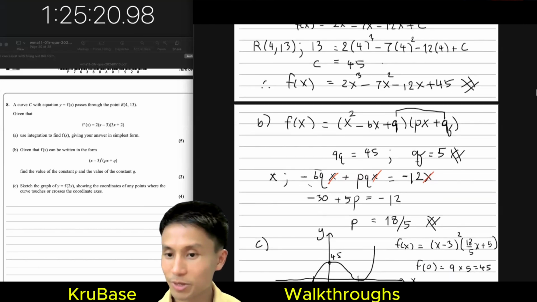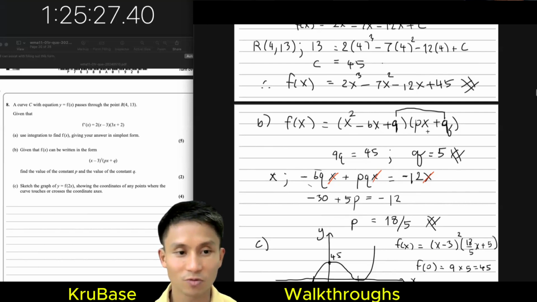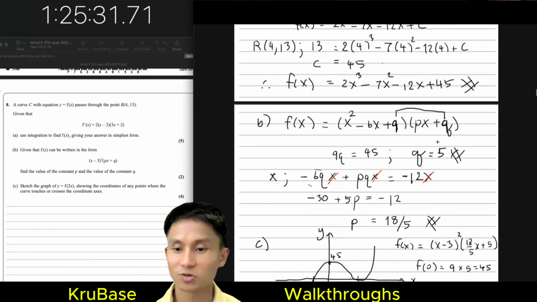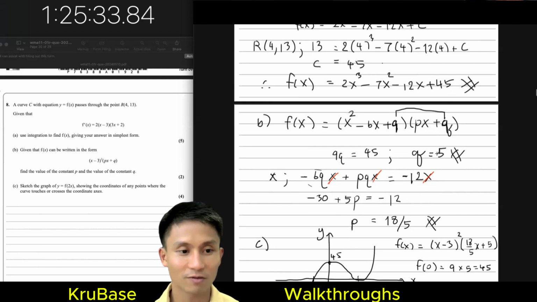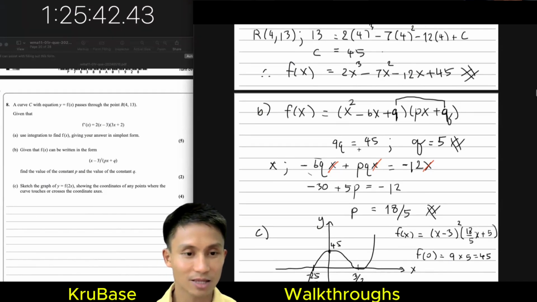Now b, factorizing, yeah. Because I just expand the repeated root, and then I check the term. So the p and the q should give you 45 because I have 45 here. So q is 5 already because this is 9. And then using that known q, you can find p, right? So I check the x term, I think.